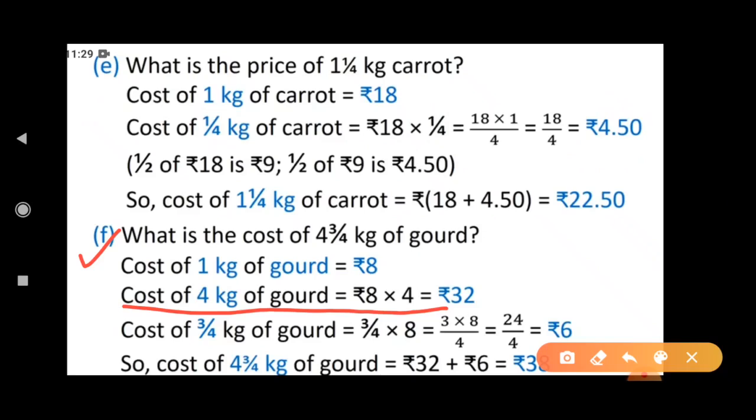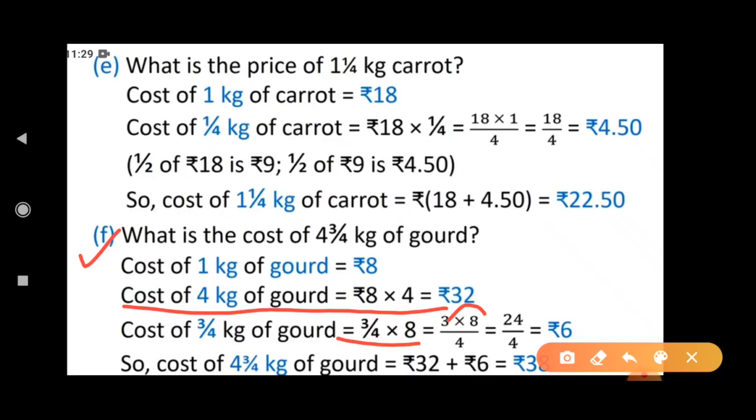Now cost for 3 upon 4 kg of gourd is equal to 3 upon 4 multiplied by 8. So here 3 8s are 24, that is in numerator. So we will multiply, 3 8s are 24, divide by 4, that is equal to rupees 6.